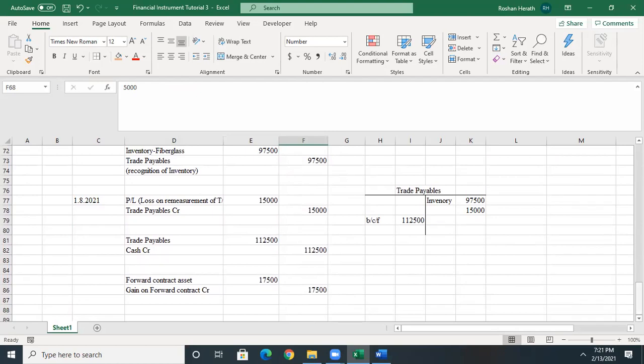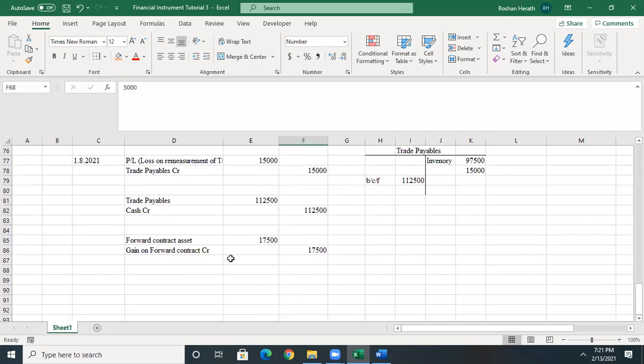Okay, now what's going to happen? Since this contract matures, you are going to receive this gain. So this time you have an ultimate gain. How much? That was cash.